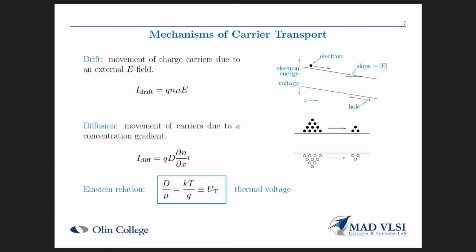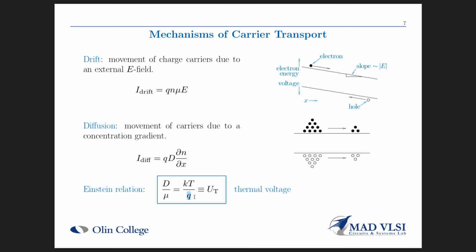Now, you might think that these two things are completely separate from each other. It turns out that there is a relationship between these parameters, the diffusion constant and the mobility of a given carrier. At thermal equilibrium, the ratio of D to mu is equal to kT over q, where k is Boltzmann's constant, T is the absolute temperature, and q is the charge.